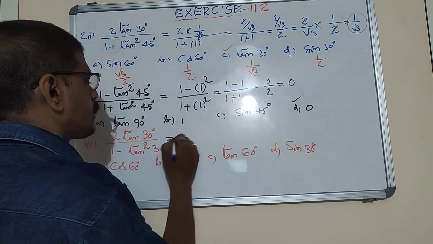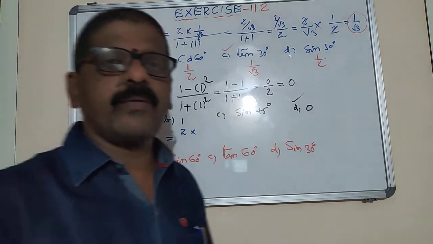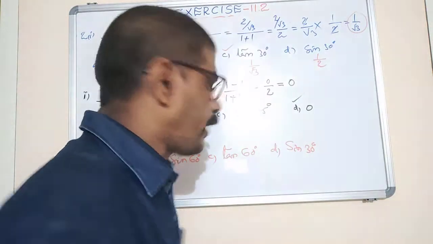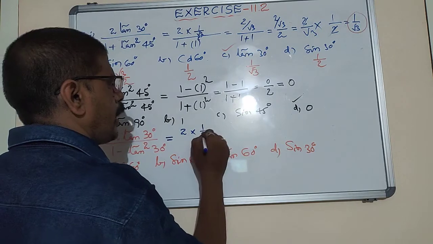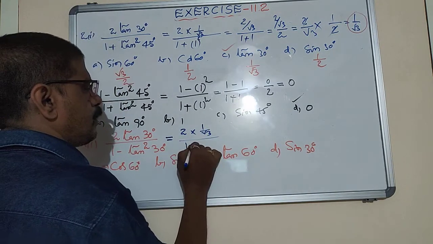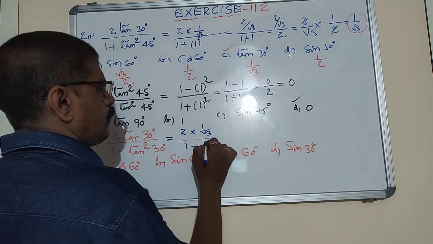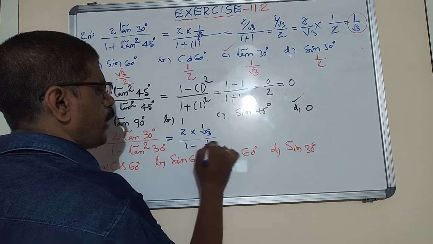That is equal to 2 into, what is the value of tan 30? The value of tan 30 is 1 by root 3. Now we can write 1 by root 3 whole by 1 minus 1 by root 3 whole square.